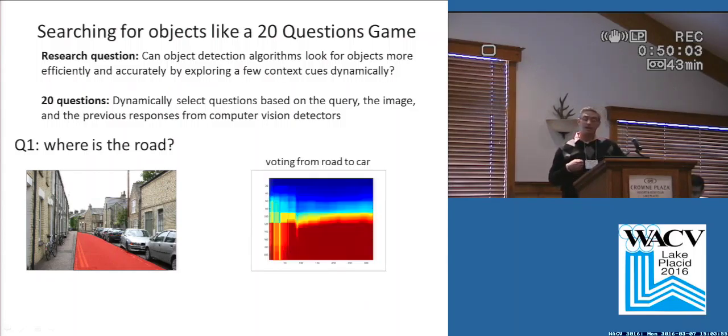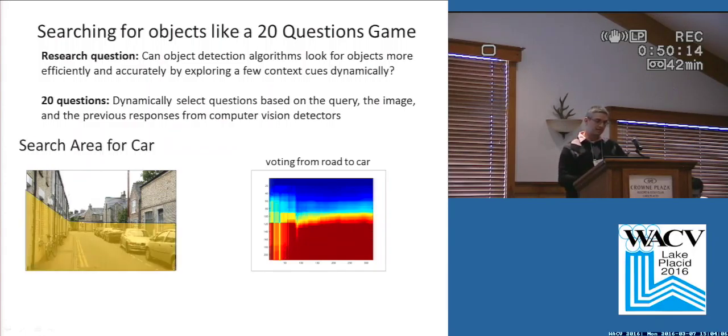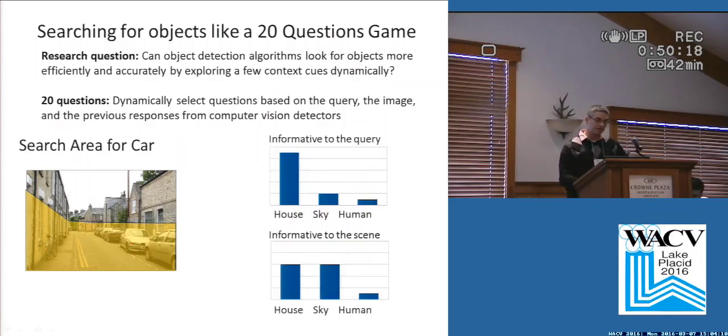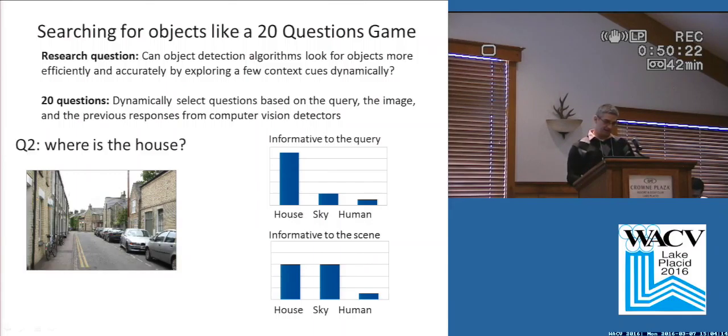And based on a spatial context model, we can predict the typical location of cars given a segment of the type road. This gives us a search area for the car. And this process can be repeated a number of times with other labels as well. So, for example, it's useful to know where houses or buildings are with respect to cars, because cars are often parked next to them.